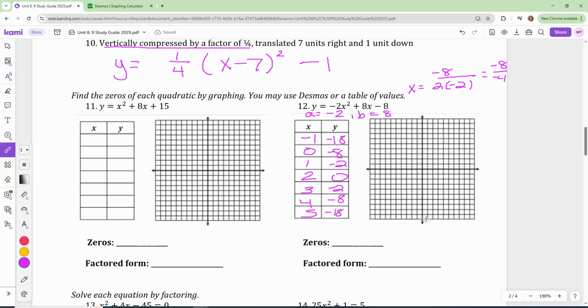I'm not going to do that one. 0, -8. 1, -2. 2, 0. 3, -2. 4, -8. Zeros are just where this graph touches the x-axis. So where is that?